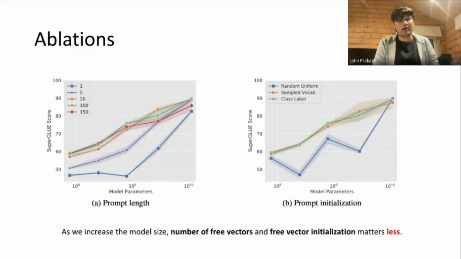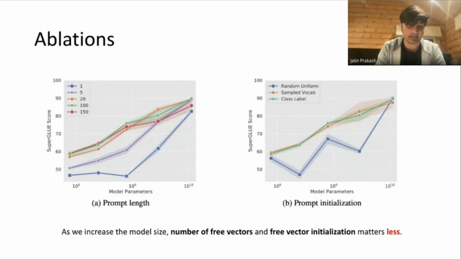So yeah, just 2. And then, for a model size of around 1 billion, in the center, we see that when you initialize using a class label, it performs better than if you initialize using random words in the vocabulary, followed by initializing it randomly. But the interesting thing is, all these 3 things start mattering less as you increase the model size.